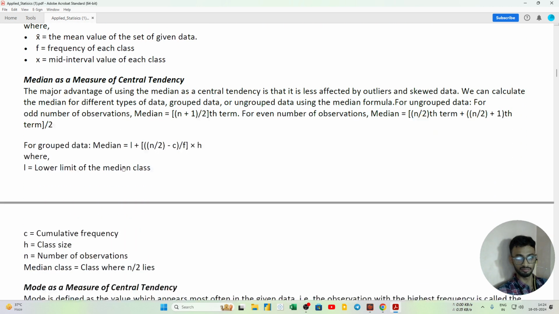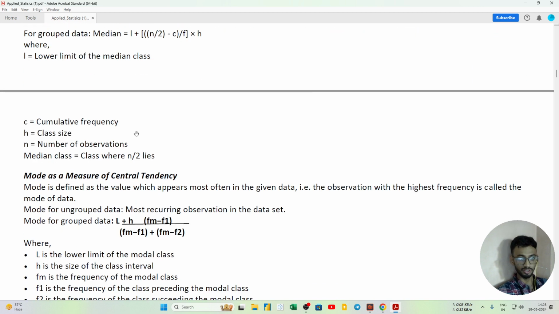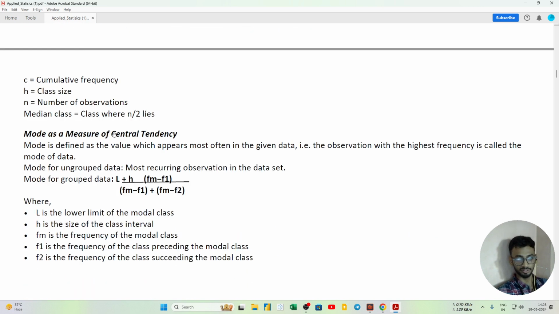And for median, for an odd number of observations, the median is the (n plus 1) by 2th term, and for even, the (n by 2)th term plus the (n by 2 plus 1)th term, divided by 2. This is how I can measure the median.